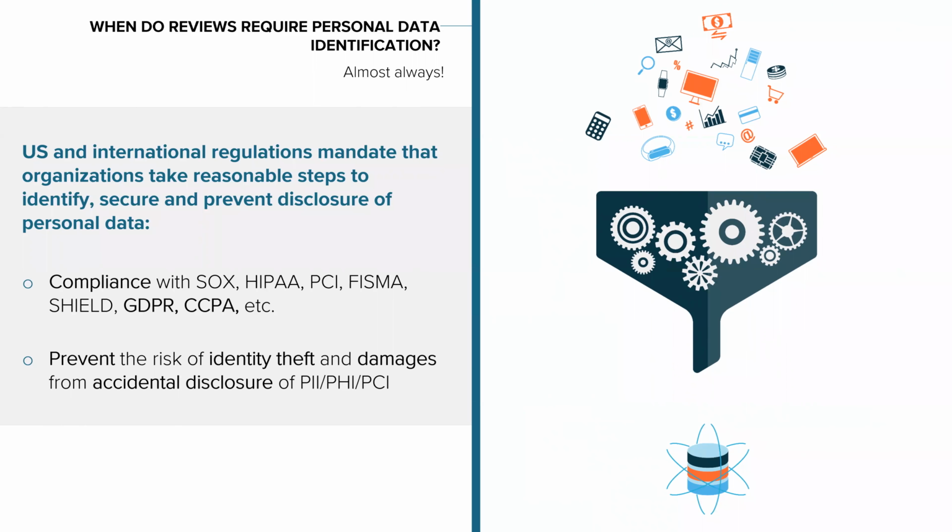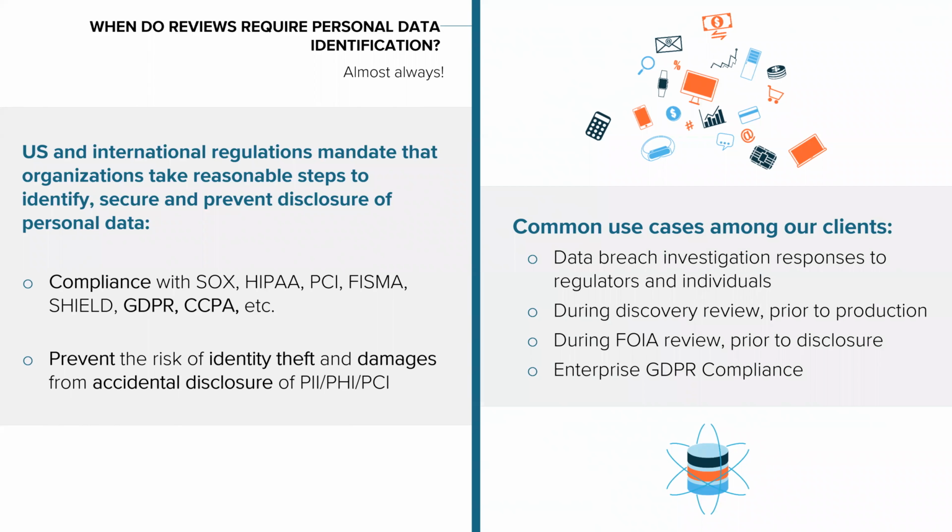We've also become aware of the General Data Protection Regulation, the GDPR, going into effect, and the California Consumer Privacy Act. But even before those things came into effect, we already had in the US things like Sarbanes-Oxley, HIPAA, and the Personal Credit Information Regulation. So we were already working with some of these regulations prior to that.